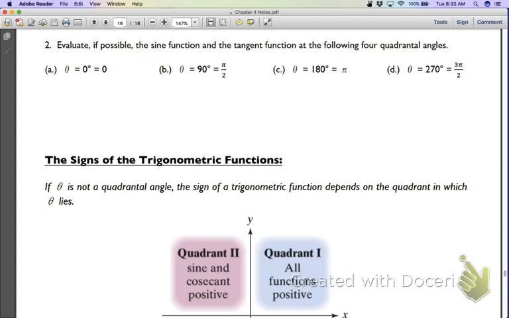If I'm at 0, what's my actual coordinate? 1, 0. So as far as sine, what's my y value? What's sine of theta? Which is 0, right? Because it's my y value. Same way with tangent. What is sine over cosine, or what is 0 over 1? Still 0, right?